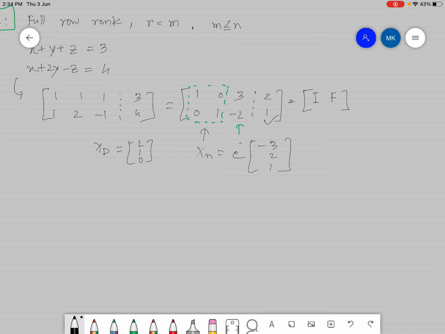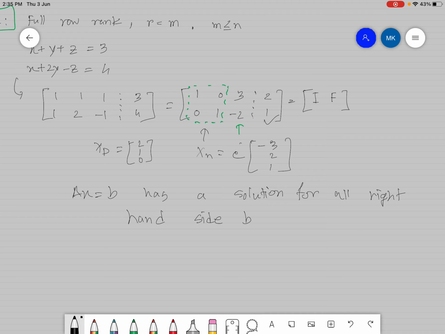Or Ax equals b has a solution for all right hand side b, because as you can see, all the rows are independent here. So you'll have no row that is a combination of any other row.